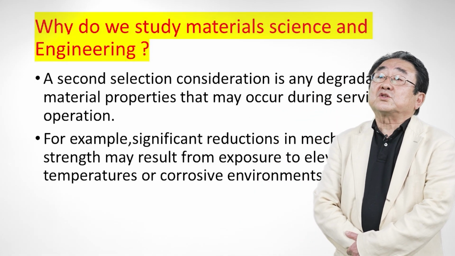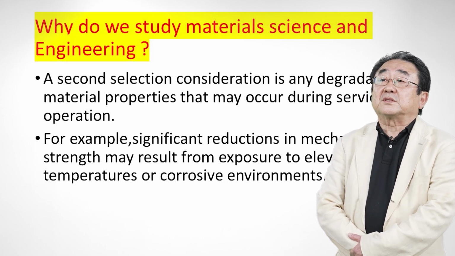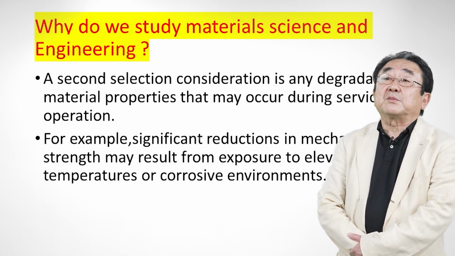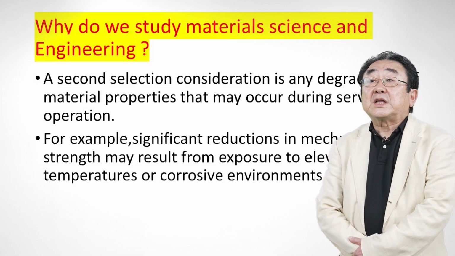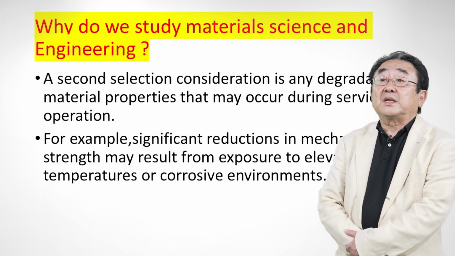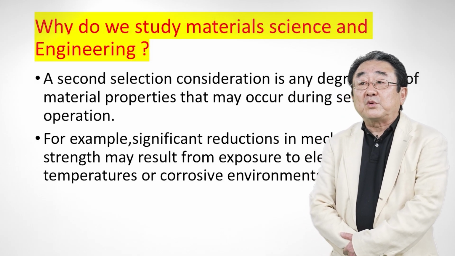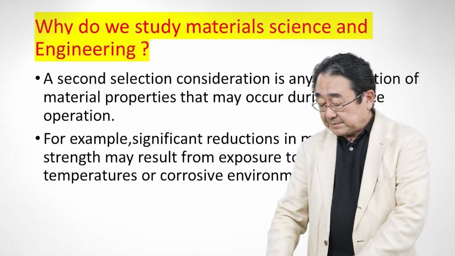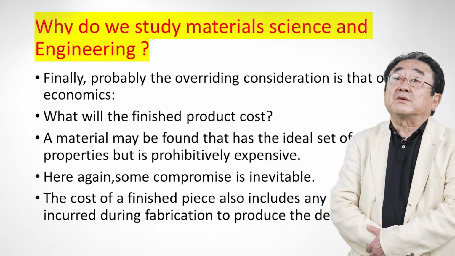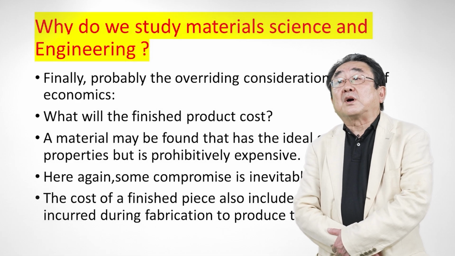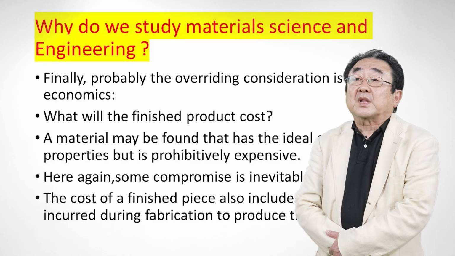A second selection consideration is any degradation of material properties that may occur during service operation. For example, a significant reduction in mechanical strength may result from exposure to elevated temperature or corrosive environments. So long-time usage is very important. Finally, probably the overriding consideration is that of economics.